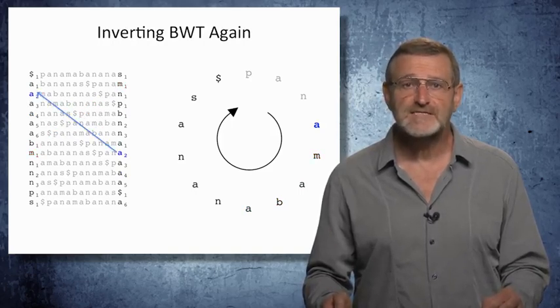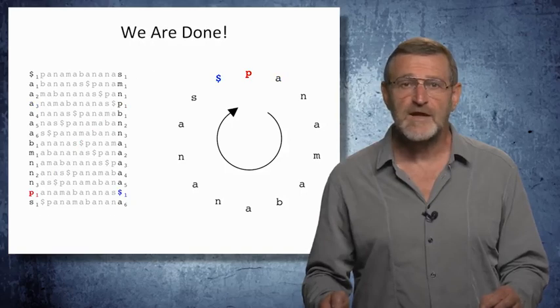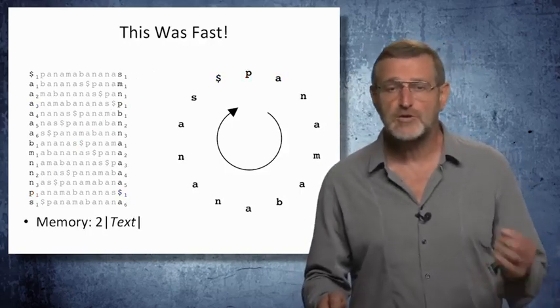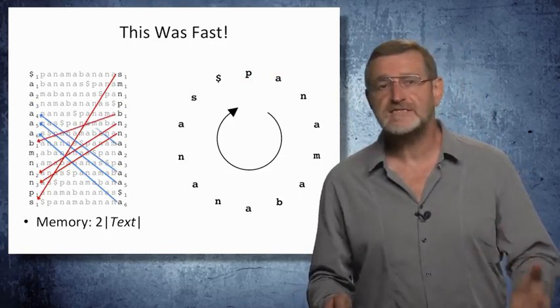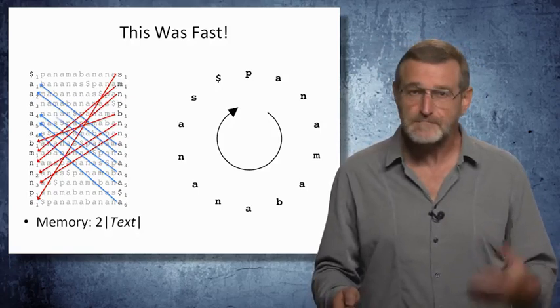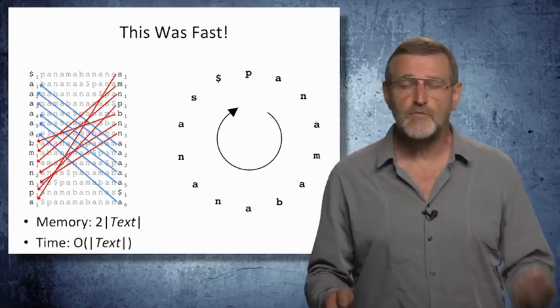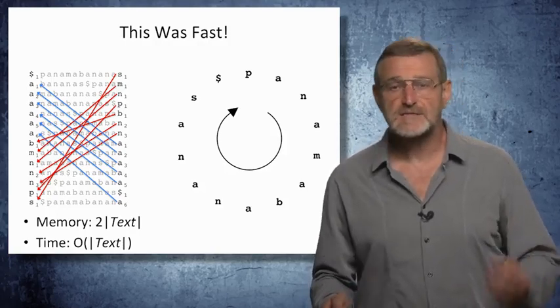So it looks like the i-th occurrence of A in the first column is hiding at the same position along the circle as the i-th occurrence of A in the last column. And if we look at the appearances of N, you can check that the same rule applies. So is it true in general?